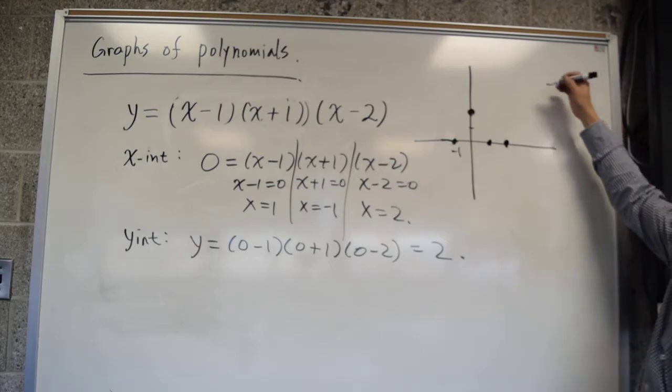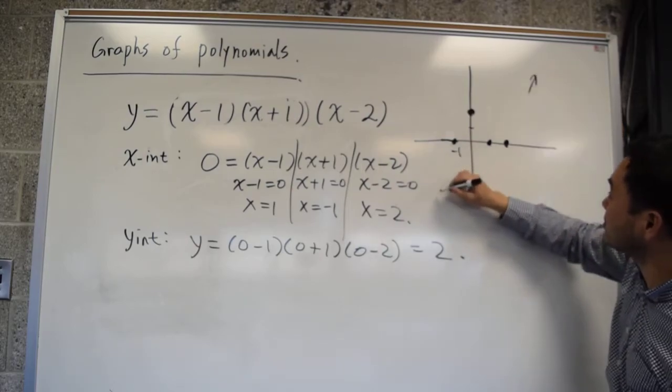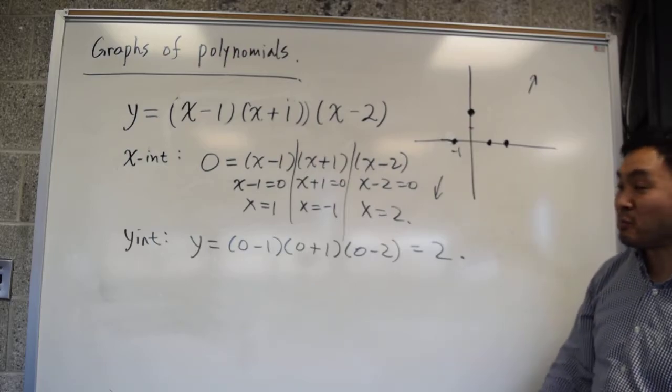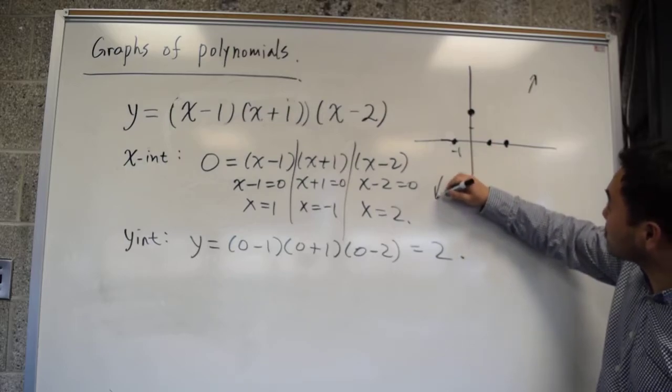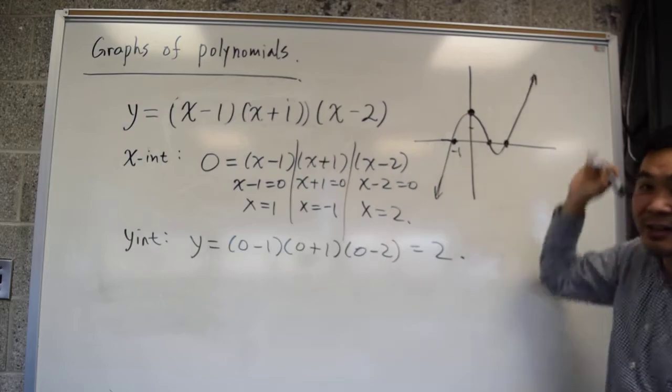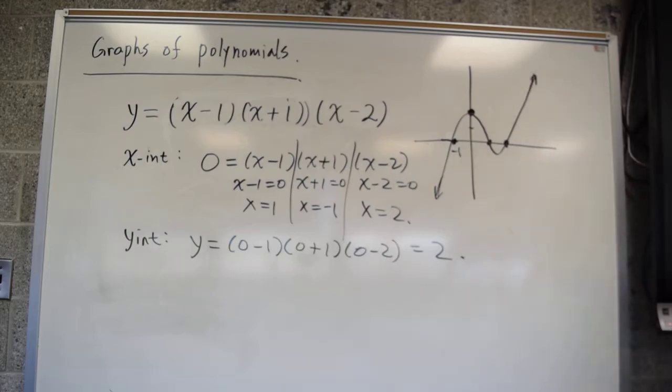We also know that the end behavior is something like this. So what do you think the graph would be? It should be passing through like that? Yeah. Right. So that's the graph of x cubed.